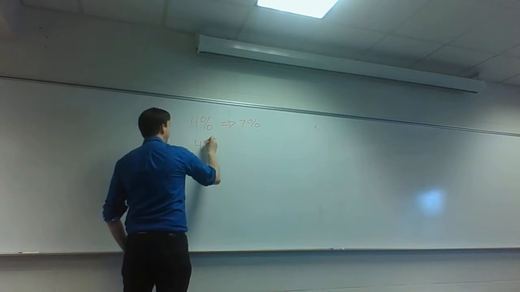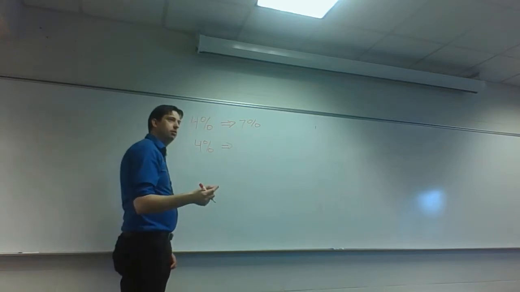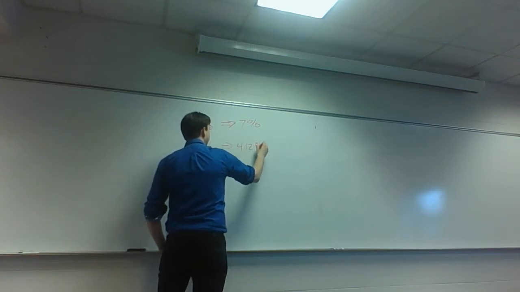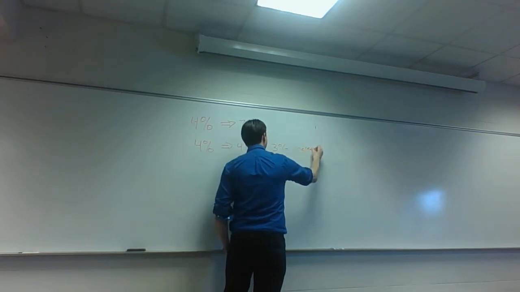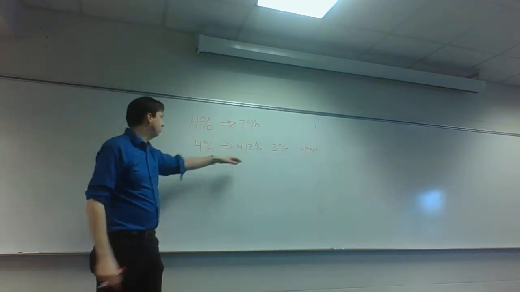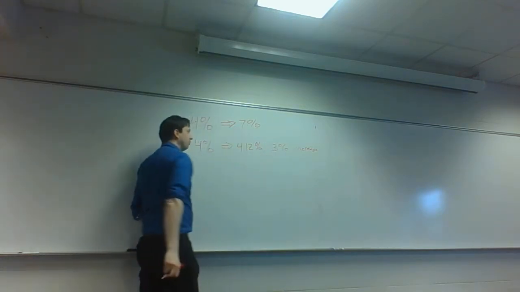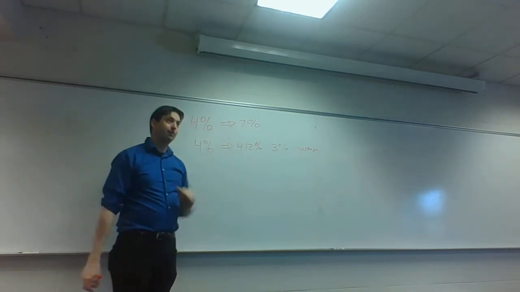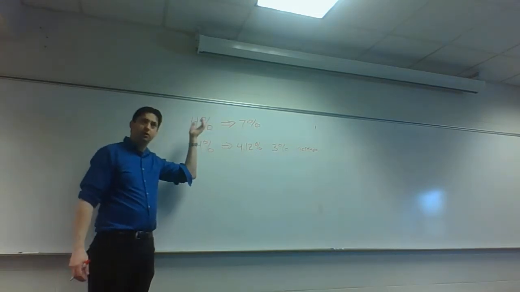So going from 4%, a 3% increase would be what? Exactly. This is a 3% increase, because as you point out, you take 3% of 4, which would be 0.12%, and then you add it on. That is a 3% increase. This is a 75% increase, because you take 75% of 4, you get 3. 3 plus 4 is 7.